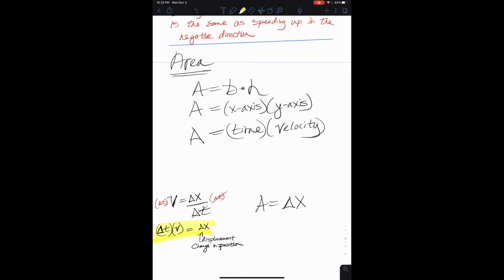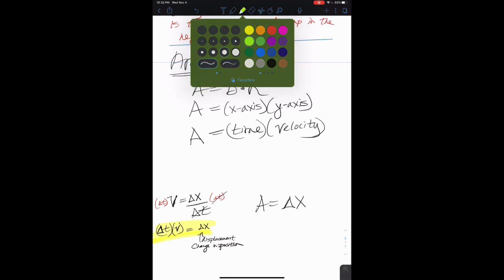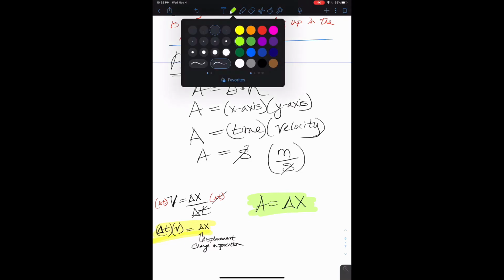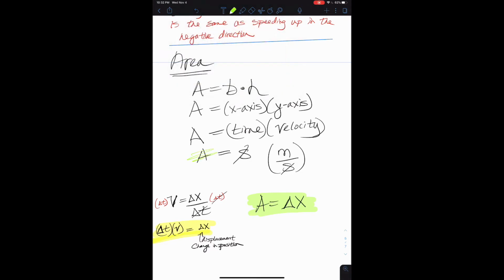If we multiply the units of time by velocity, we see the area will give us meters.